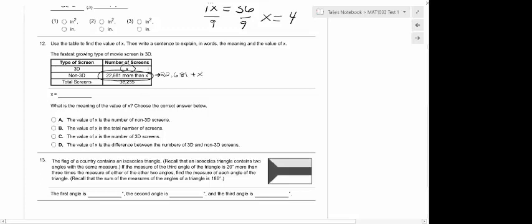So here we're going to add up the 3D plus the non-3D screens and set it equal to the total, right? So x plus 22,681 plus x, right? Because this is the 3D, this is the non-3D, equals the total, which is 38,255.